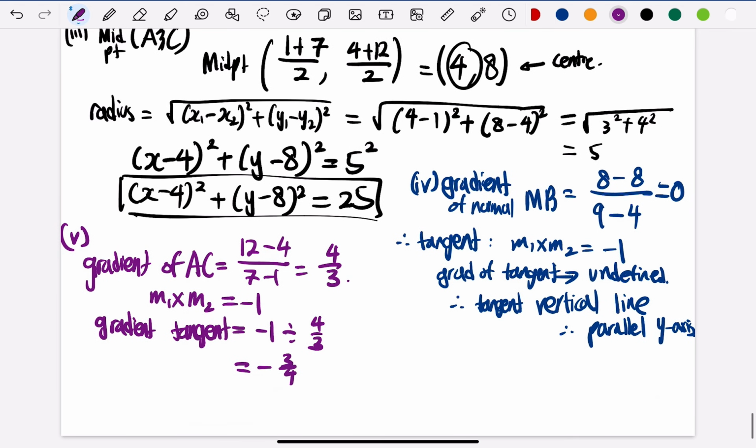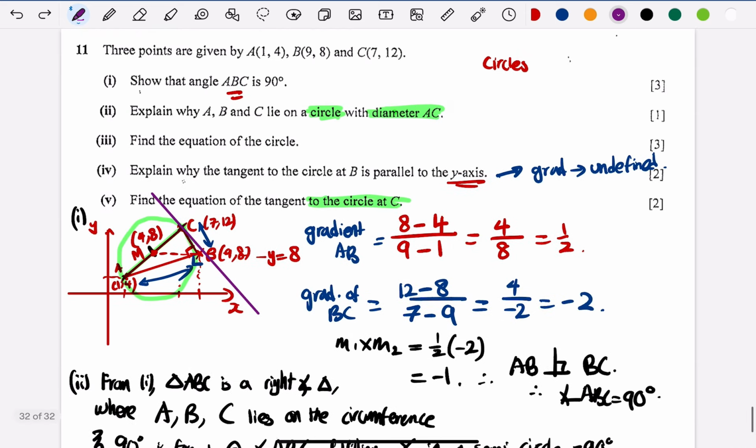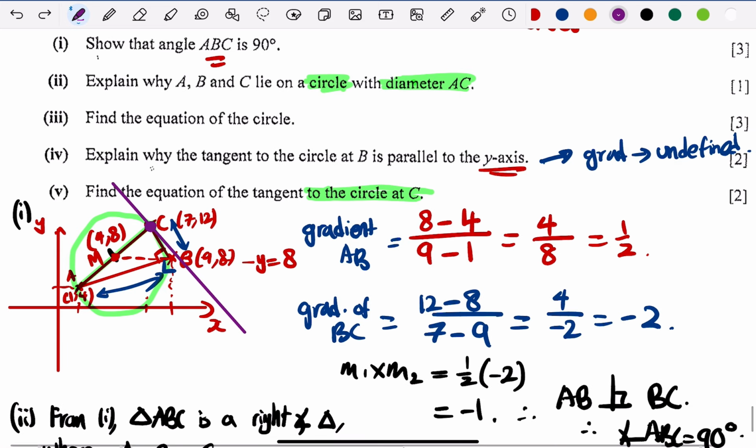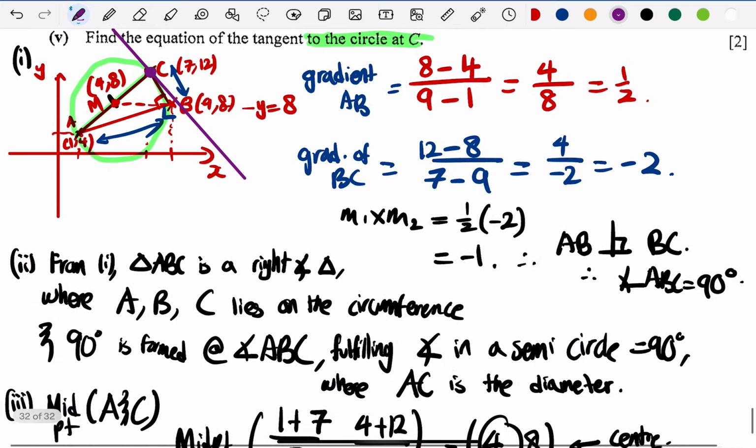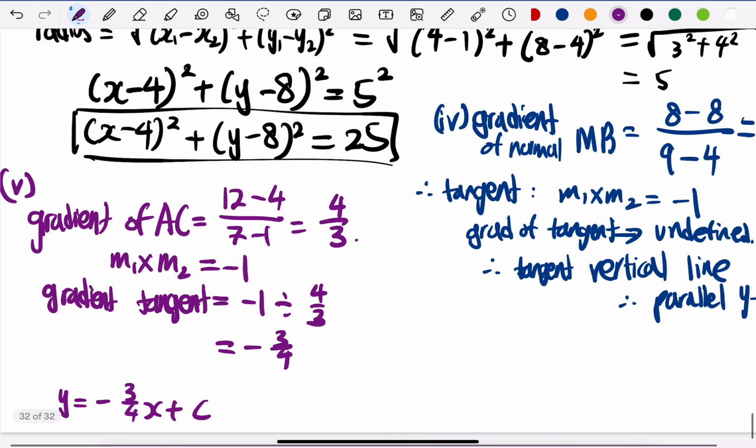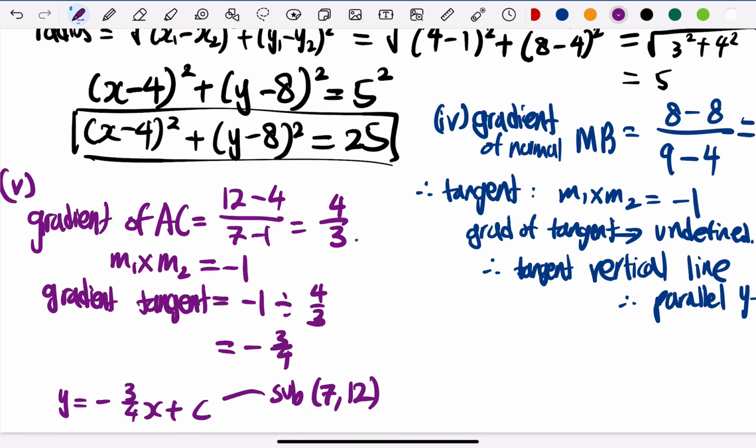Once I have the gradient of my tangent, which is y equals -3 over 4 x plus c, all I need to find is what this c value is, of which my tangent passes through the coordinate of C. So all I need to do is sub 7, 12 into this equation and find my c value. So 12 equals -3 over 4 times 7 plus c.